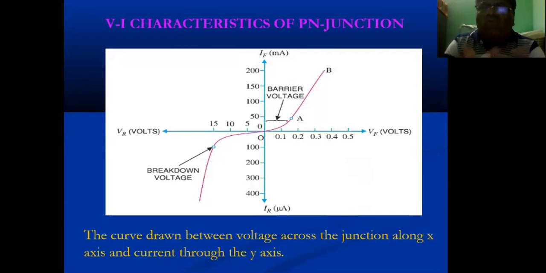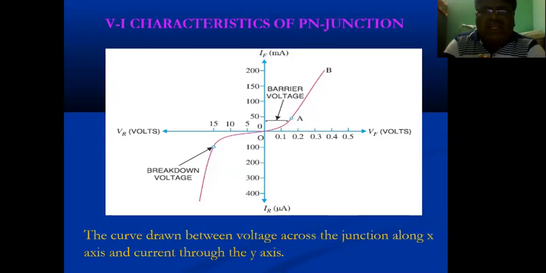So here are the voltage-current characteristics of the PN junction diode. On the x-axis: 0, 0.1 volt, 0.2, 0.3, 0.4, 0.5. VF means forward voltage. IF means forward current in milliamps. Here the reverse current is in microamperes. VR means reverse voltage.